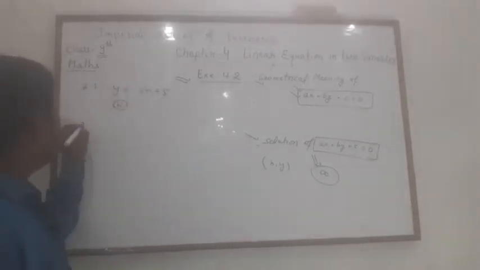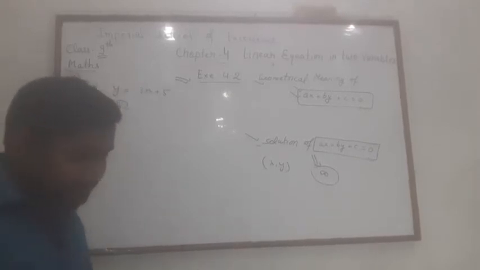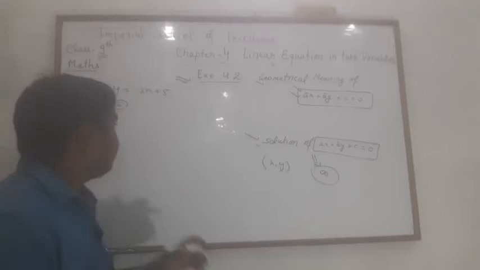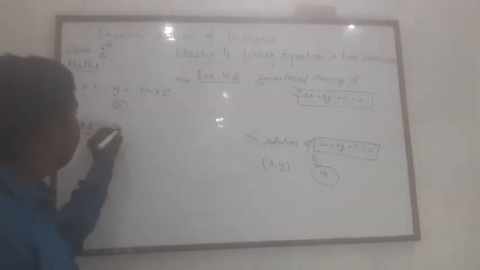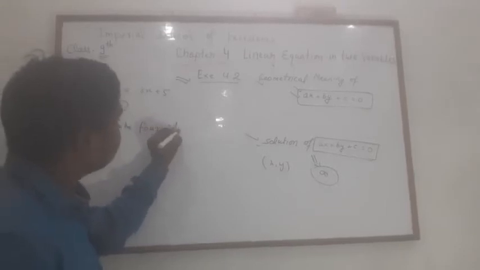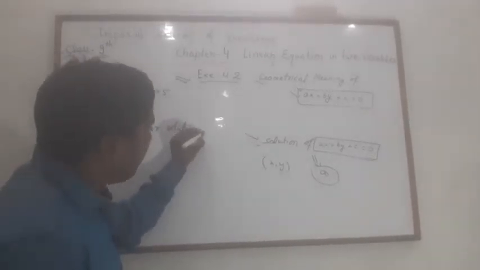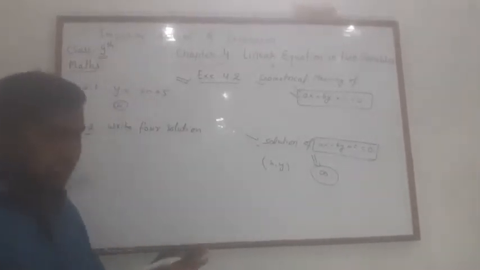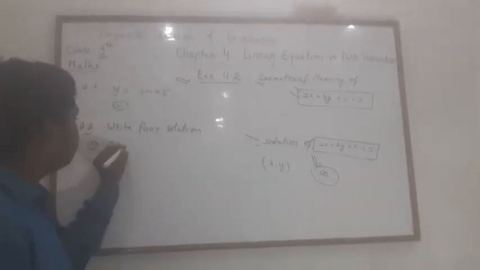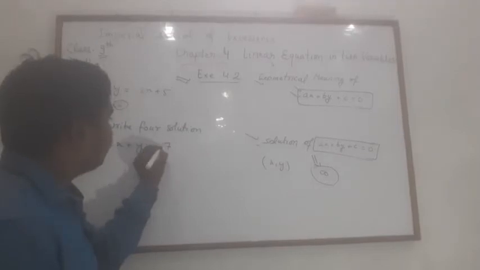Question number 2 says: write 4 solutions of each of the following equations. There are 3 sub-questions. Sub-question 1 is 2x plus y is equal to 7.